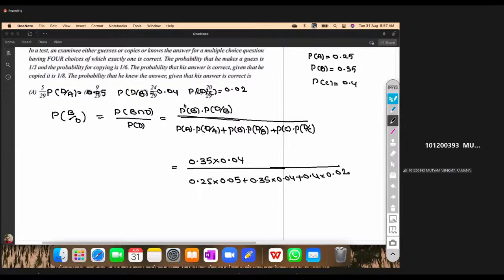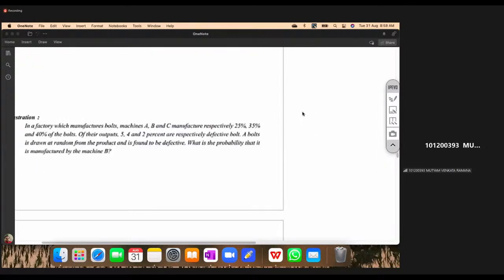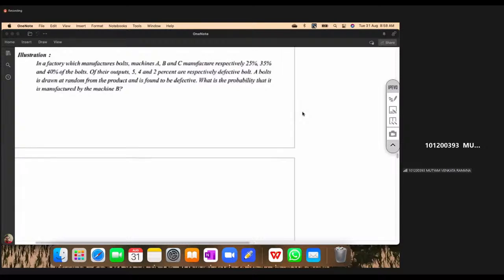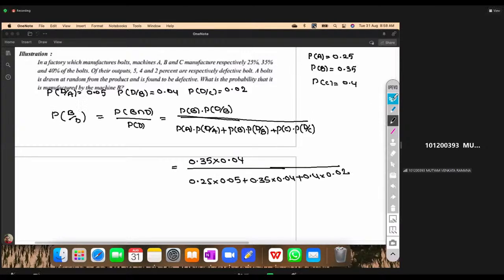The way you are looking at that question is completely wrong. Whatever A manufactures, from that only you will see. If A produces X items, then 5% of that are defective, 4% of that one only. So how can you look at the overall thing? Okay, sir.